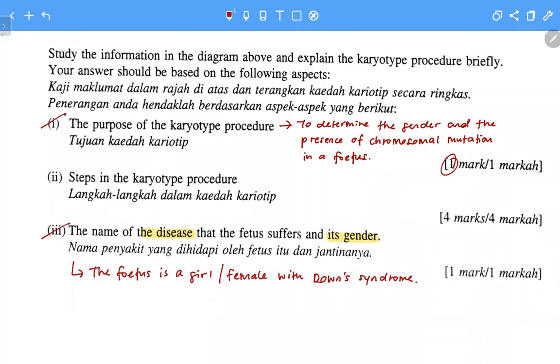The reason is because we saw 2 X chromosomes, and Down syndrome because it has an extra chromosome number 21.